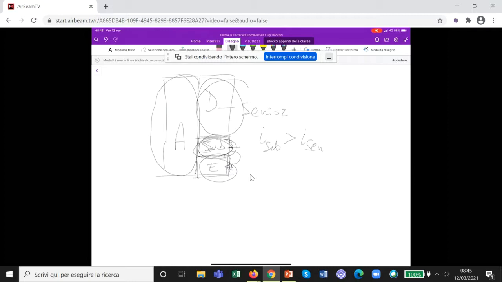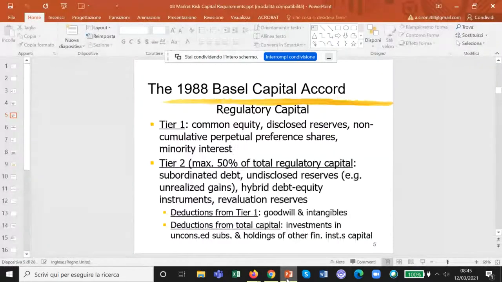Now, why do we allow subordinated debt to be part of regulatory capital? Who tells me this? Why do we allow subordinated debt to be part of regulatory capital?